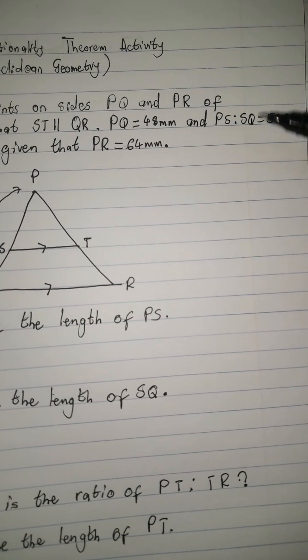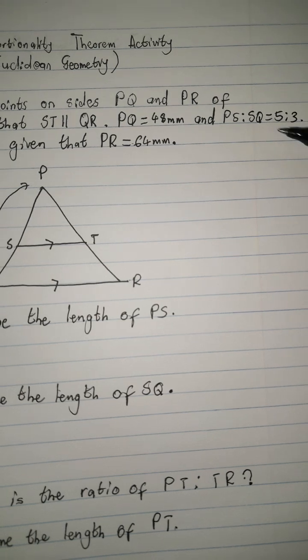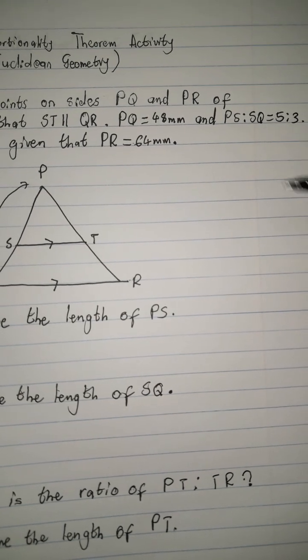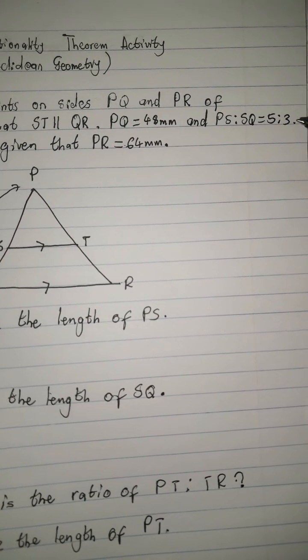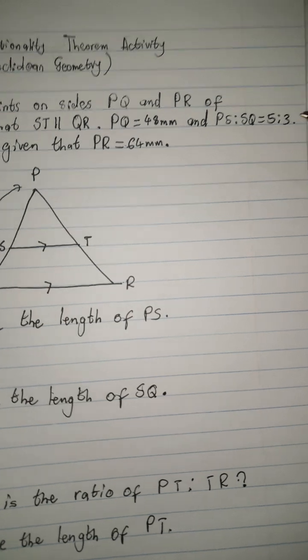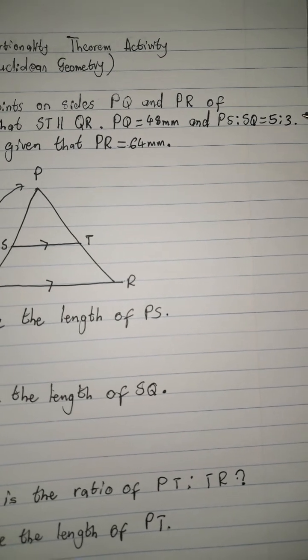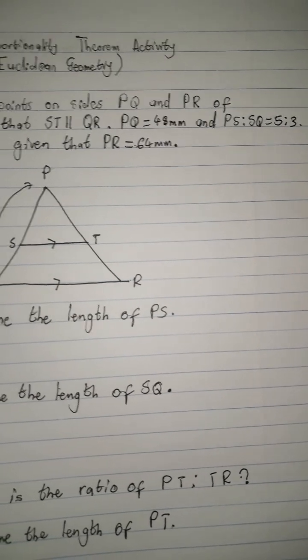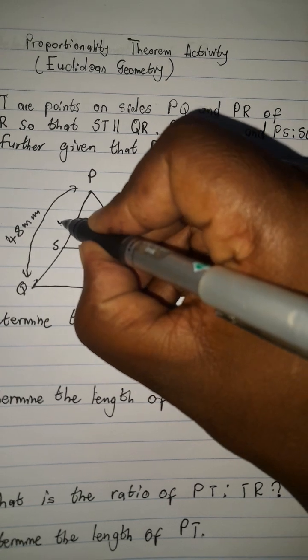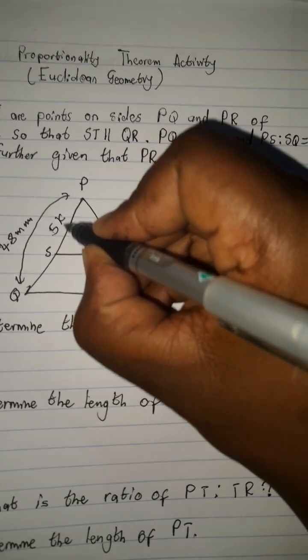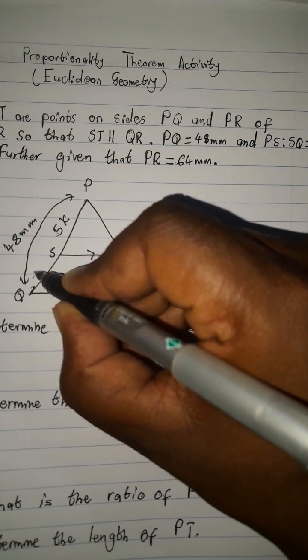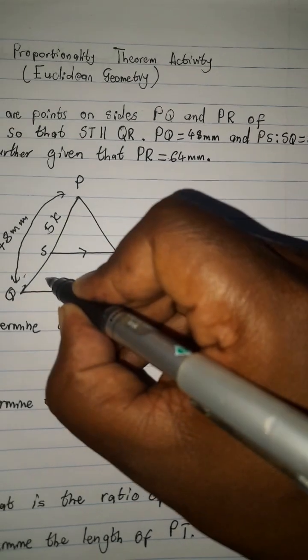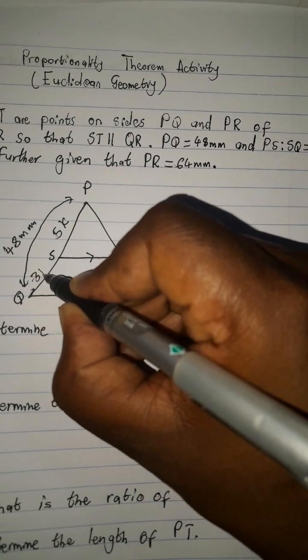So these are ratios, so these are not actual lengths. When you represent them in this diagram, you will represent them in the form of a number and a variable. Since PS is 5, let it be 5K, and this side is 3, so let it be 3K.